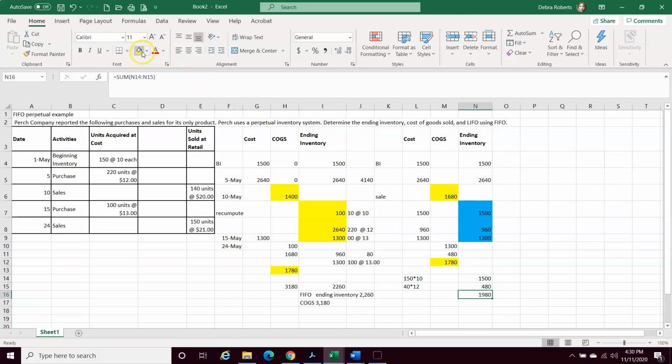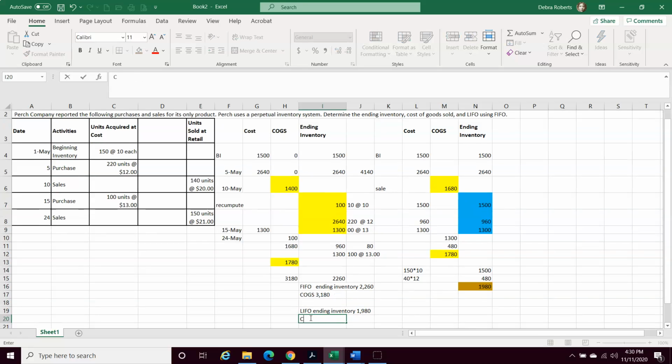So I'm going to say my LIFO equation. My LIFO tells me LIFO ending inventory is $1,980. And it's different.